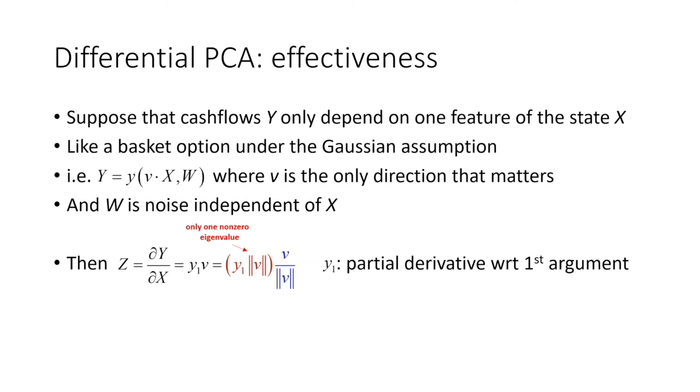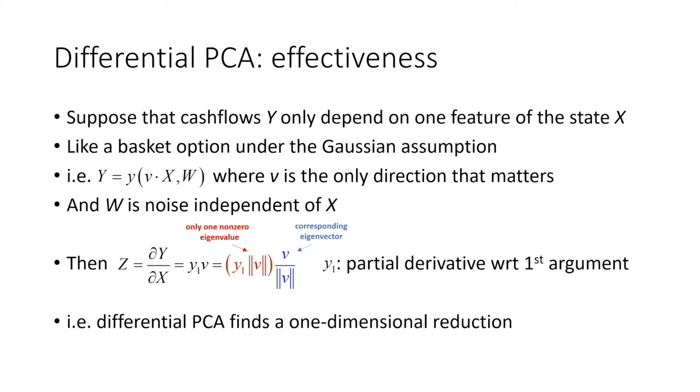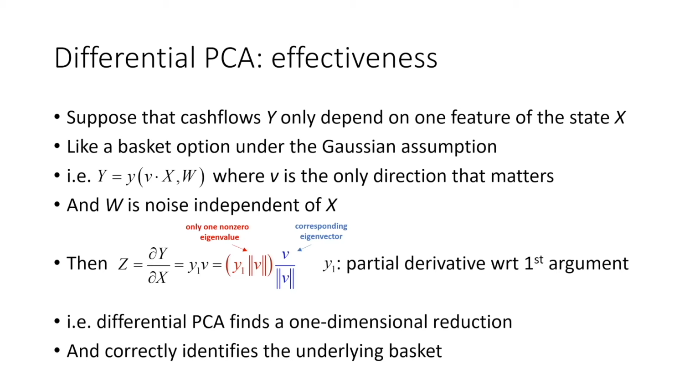It follows that the covariance of z is of rank 1, with only one eigenvalue given by the L2 magnitude of the left term, with normalized eigenvector v over its norm. Therefore, differential PCA correctly performs a one-dimensional reduction where the axis is correctly given by the underlying basket.